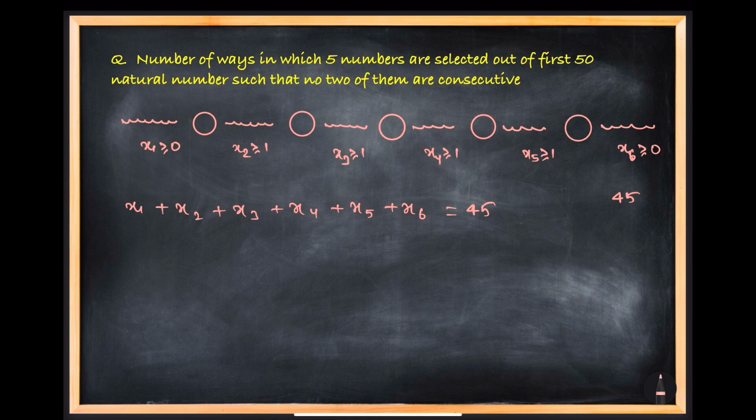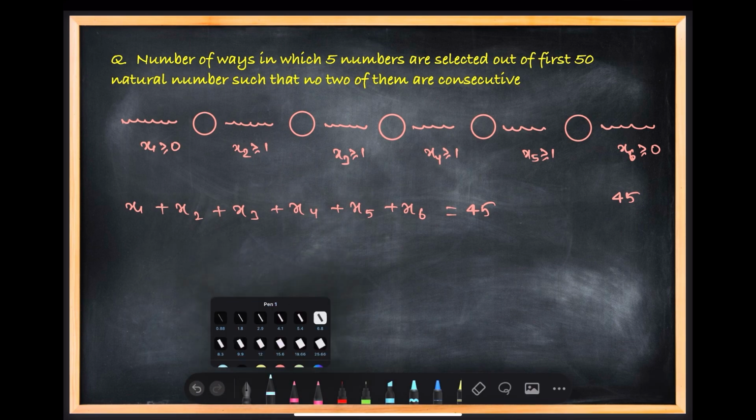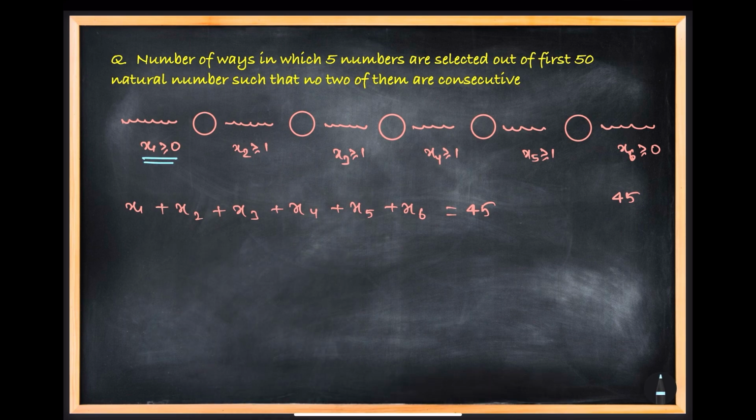So observe x1. Are you comfortable with x1? Yes, because x1 can take 0, so we don't have a problem with x1. Do you have a problem with x2? Yes, because x2 cannot be 0, it will have at least 1. So give it 1 and make it comfortable. So you have spent 1.